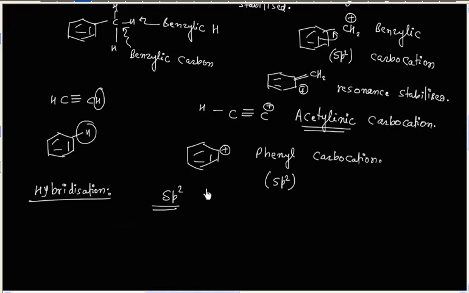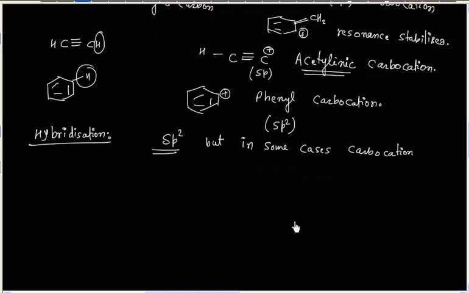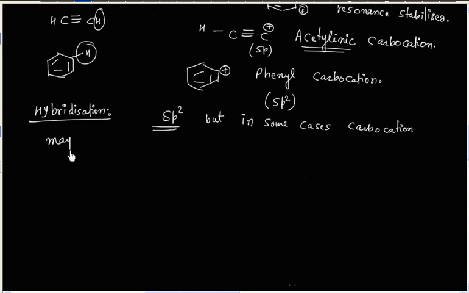So in most cases carbocation has a hybridization of sp2, but in some cases, like in this case also, this is sp hybridized, carbocation may be sp hybridized.